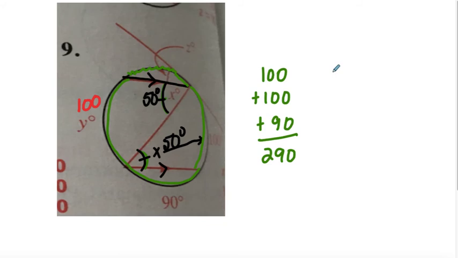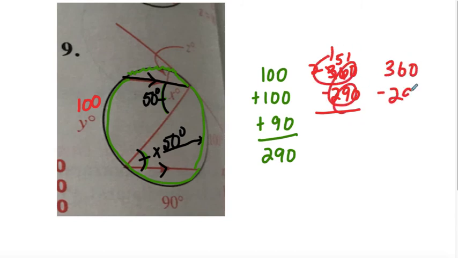I'm going to subtract that from 360 degrees. 360 minus 290, yikes, Coach Fred, is 70 degrees. Okay, so this is 70 degrees, so that means z would have to be half of that. See, even I make dumb, careless errors sometimes. So z would have to be 35.